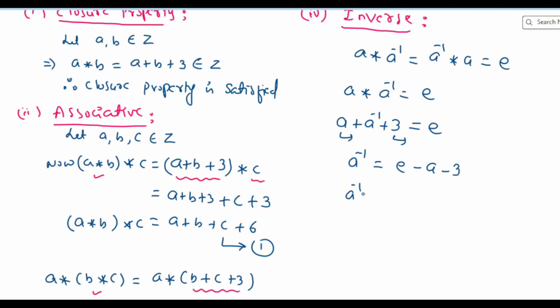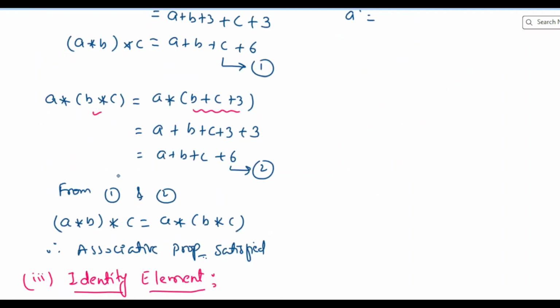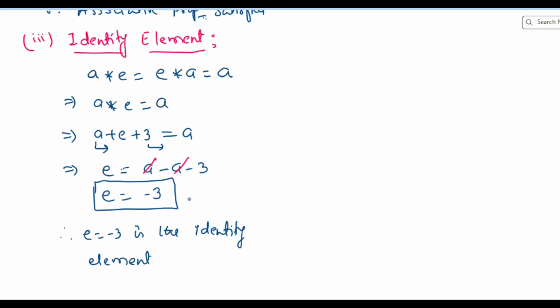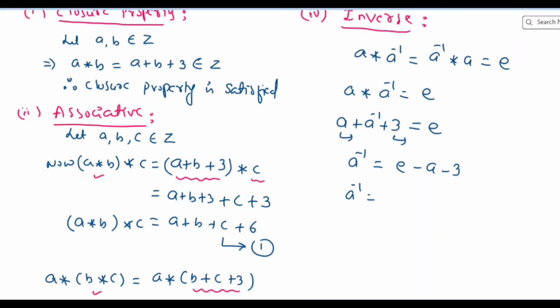So you need to use the e value here, which we just obtained in the previous condition. Here it is: the e value is minus 3. Let us take this as equation number 3. So the e value is minus 3, I'll use it here: minus 3 minus a minus 3.